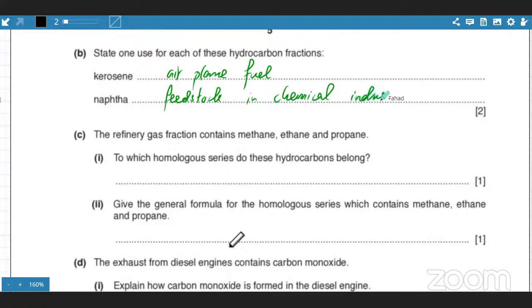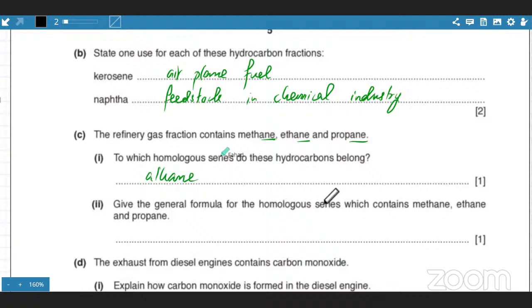So a lot of your raw materials, your medicine industry, pharmaceuticals, they depend on naphtha as a feedstock, as a raw material. Next part: the refinery gas fraction contains methane, ethane, and propane. To which homologous series do these hydrocarbons belong? Now that's an easy one. It's ane, and ane. So that's an alkane.